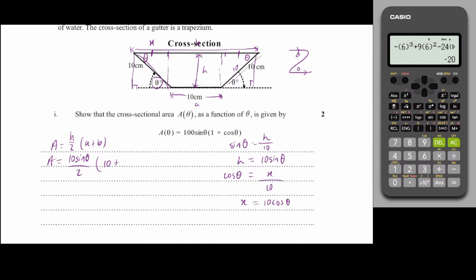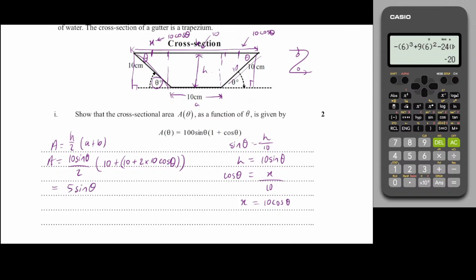So this is the top bit, so this is B. 10 plus 2 lots of 10 cos theta, because that's equal to 10 cos theta, and so is that. And then this bit in here is just equal to 10. So adding it all up, it's 10, and then 2 lots of 10 cos theta.